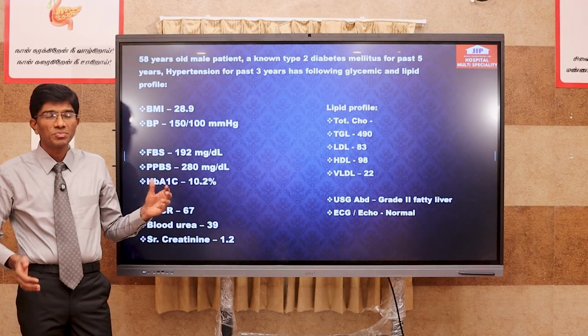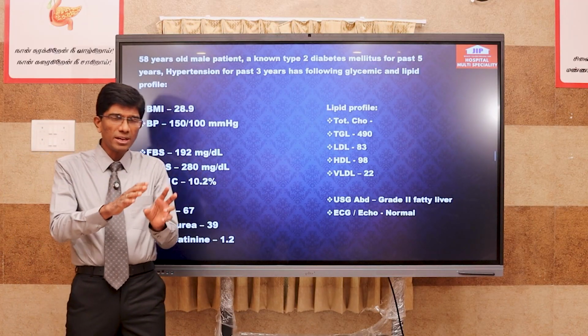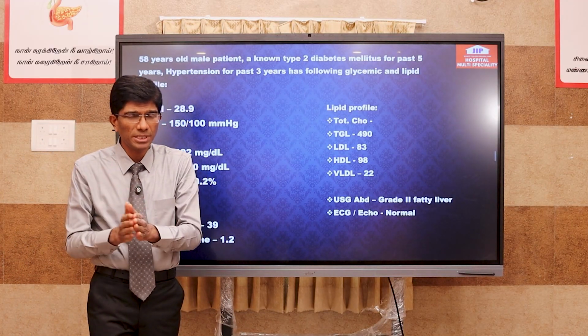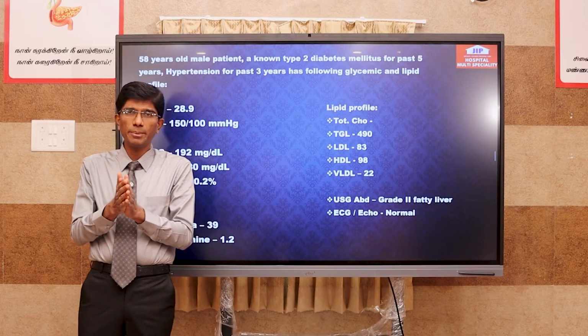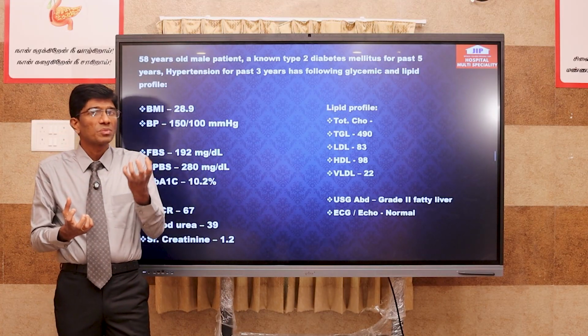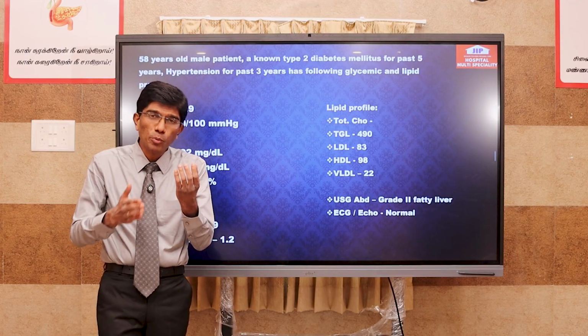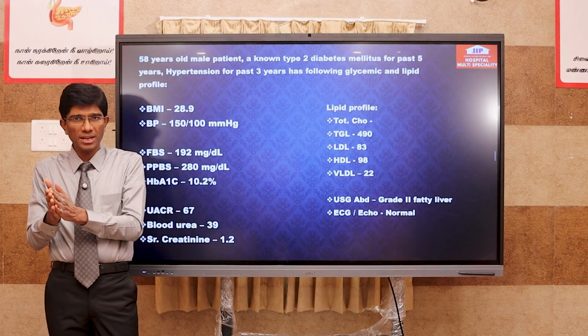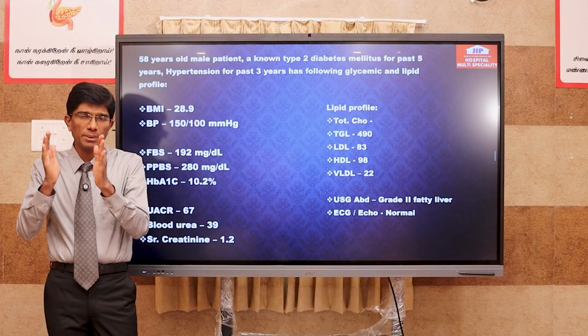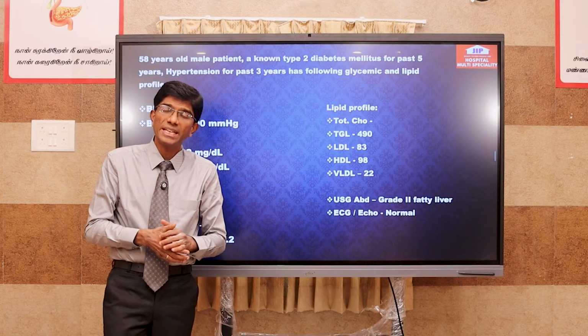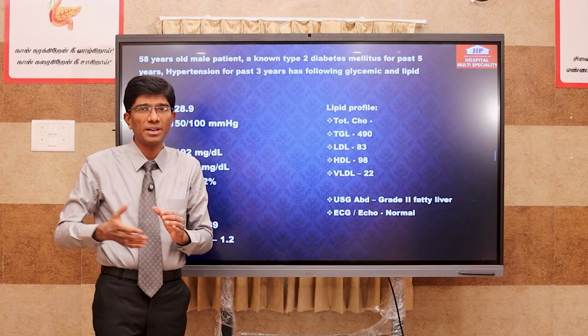So these patients deserve an ARB or ACE inhibitor rather than a calcium channel blocker, because ACE inhibitors and ARBs are capable of retarding the progression of albuminuria as compared to calcium channel blockers. They can even retard the progression of chronic kidney disease.